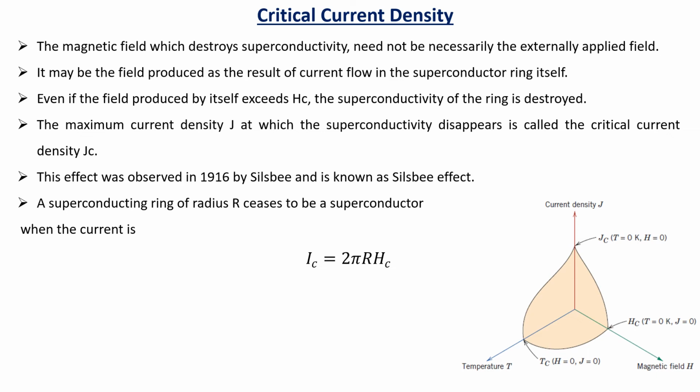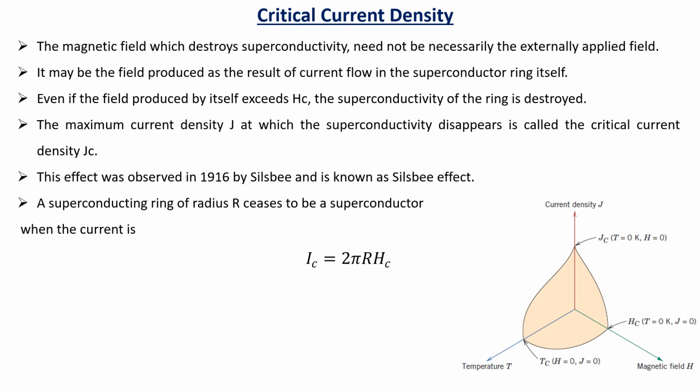We know that current produces a magnetic field. If the field produced by itself exceeds the critical magnetic field, the superconductivity of the ring is destroyed. The material will change to a normal material.